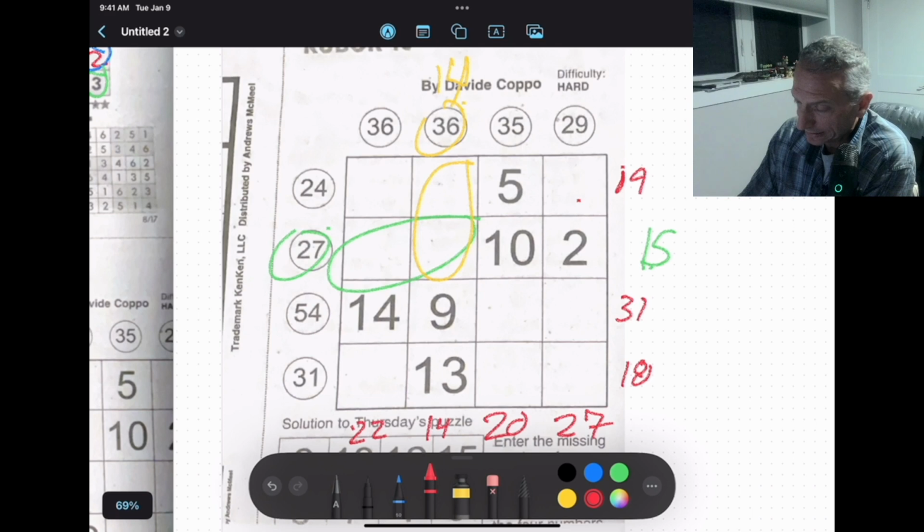Can it be 13? No. Can it be 14? Of course not. Can it be 12? No, because if it's 12, this is 2, and that 2 is over there, so it can't be 12. Can it be 11? Well, this would have to be 4, and this would have to be 3.